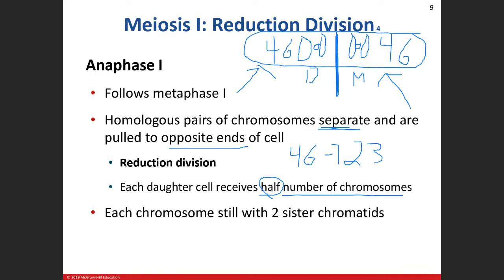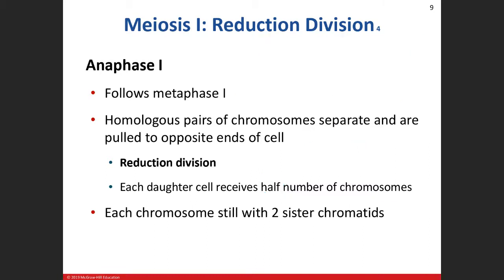I don't want you to get stuck on the value 92. I'm just throwing math out there, so you understand when we say we have half the number of chromosomes, I don't want you to think it's haploid. It's not. Haploid is 23 chromosomes. Diploid is 46. Just don't get confused.